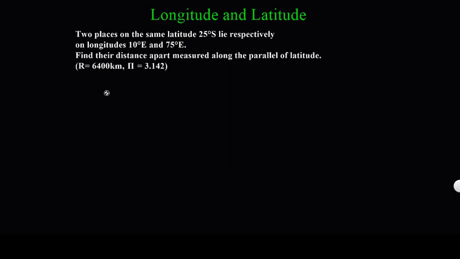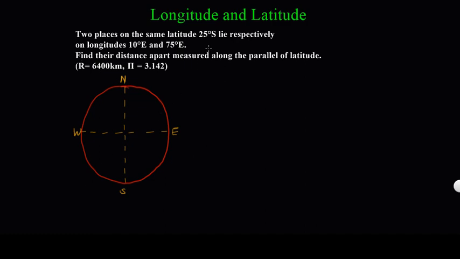So the very first thing is that we have to sketch the diagram of the Earth's surface so that we can have clear understanding of this. So we'll move on with this. Here we have the polar axis. So we have our north, the east, the south, and the west.